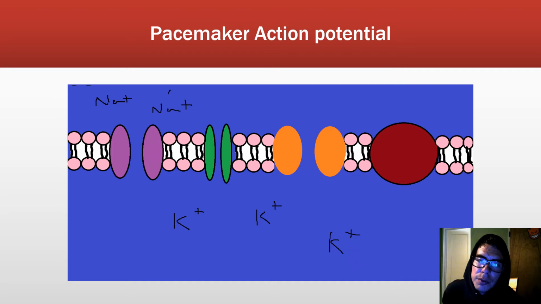That's a state where it's ready to depolarize, or ready to cause a contraction and generate or conduct an electrical impulse. So we have all this sodium out there. We also have all this calcium out here.